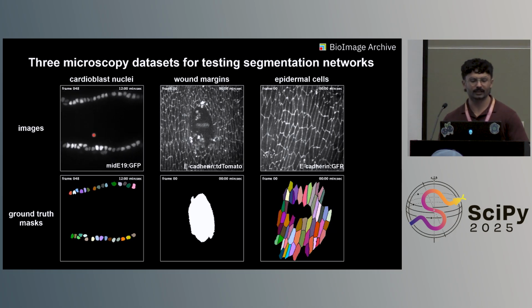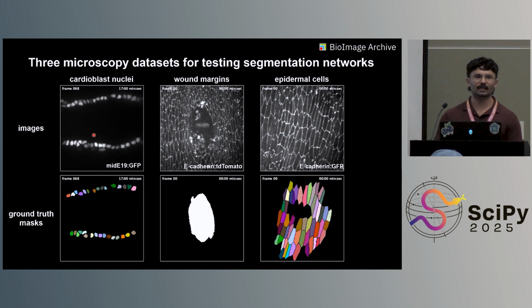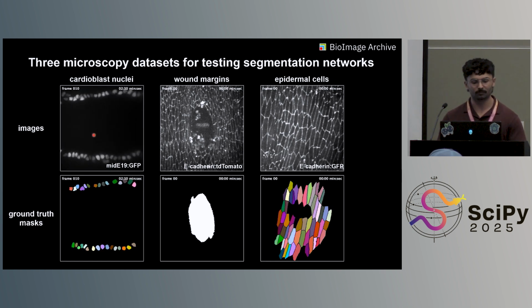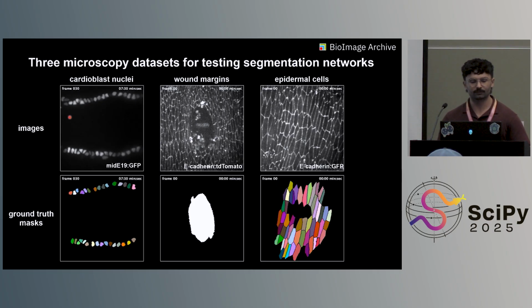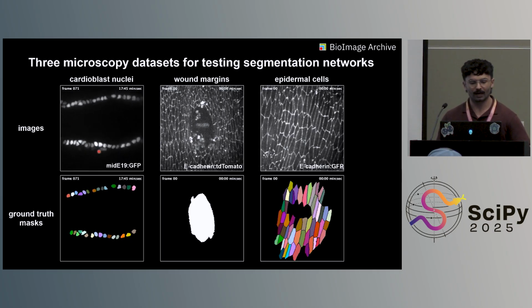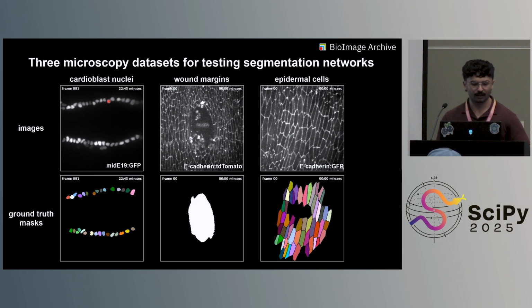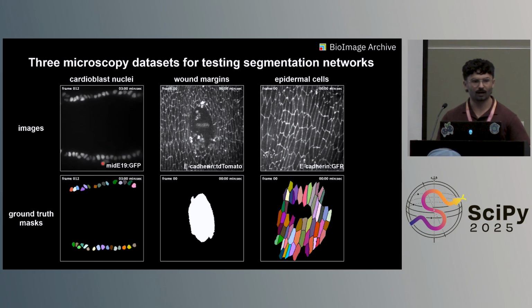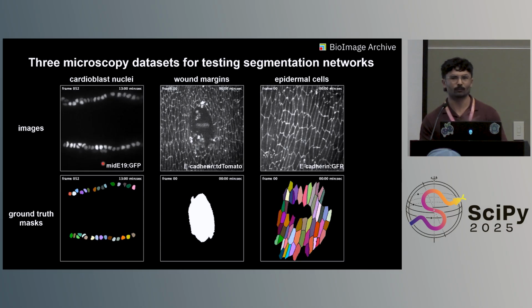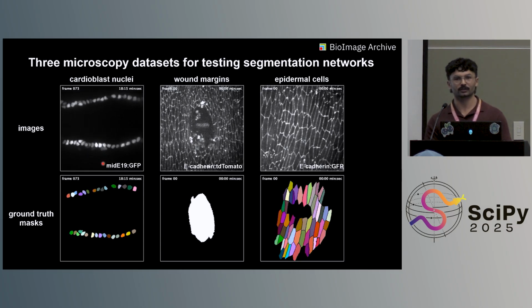And what I want to point out here is that we don't always want to segment every single object, because not every object is going to be measurable. So for example, in this video, we have nuclei that move out of the frame, and also we have these dimmer nuclei here, or nuclei lagging behind the leading edge, and both of these are indicative of different cell fates that we don't care about, and so we do not want to segment or measure.